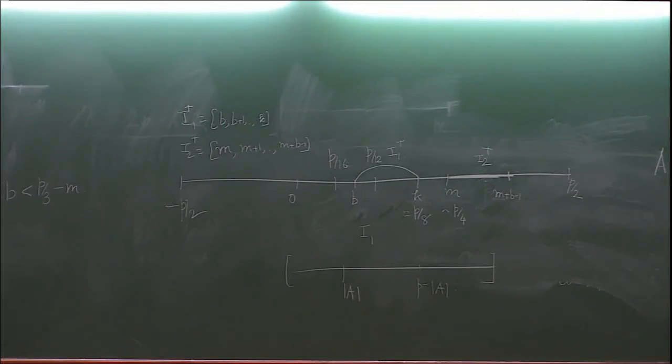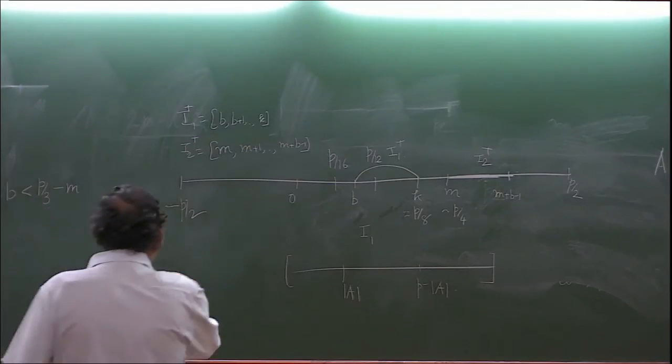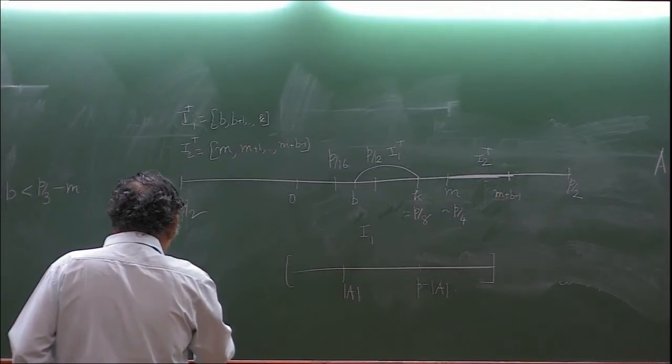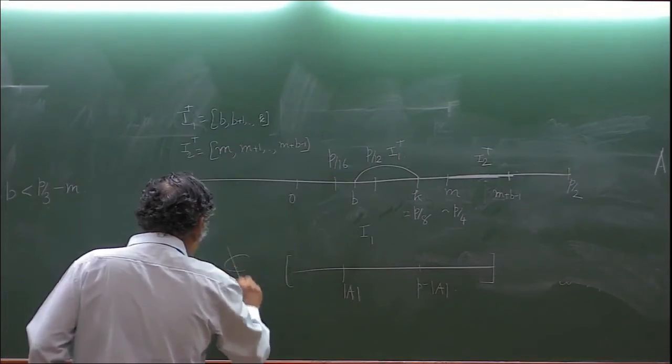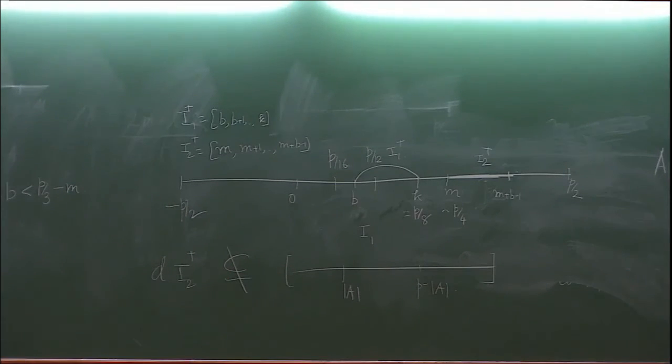Okay? And in fact, I am not even going to take the A at all. I am only going to look at I2 plus. And then I am going to prove that D times I2 plus itself cannot be sitting between cardinality of A and P minus cardinality of A. I am not even going to bother about the other elements of A. I am only going to concentrate on I2 plus.